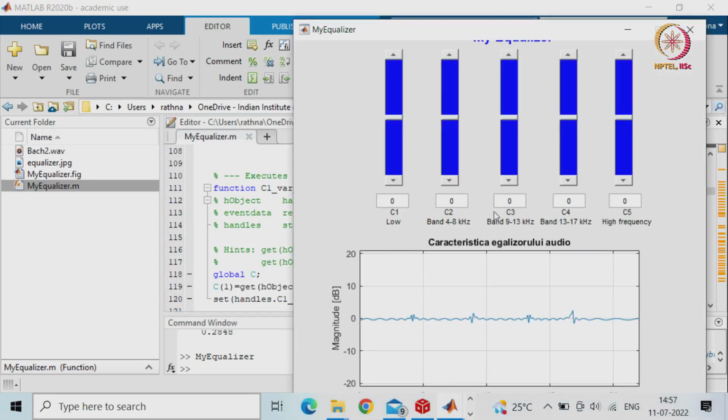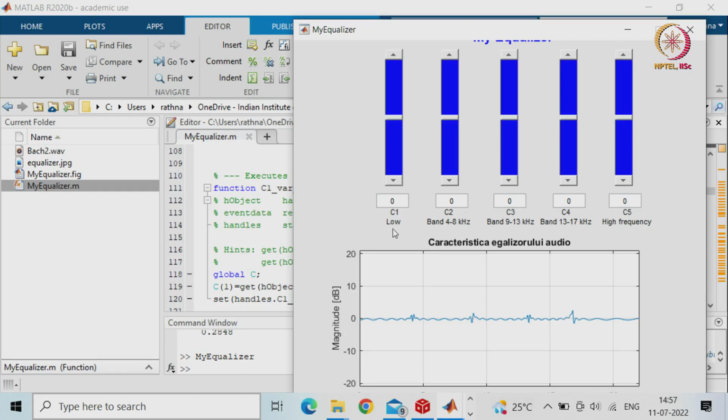By looking at it you must be able to identify how many gain controls have been given. It is a 5 band equalizer, and they call the bands C1, C2, C3, C4 and C5. And what are the frequencies?